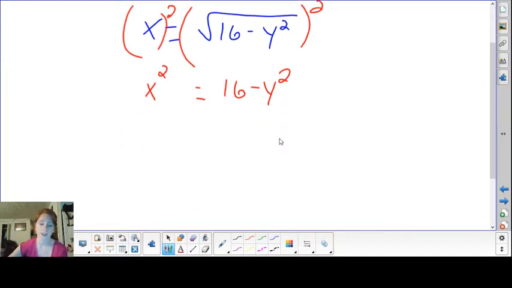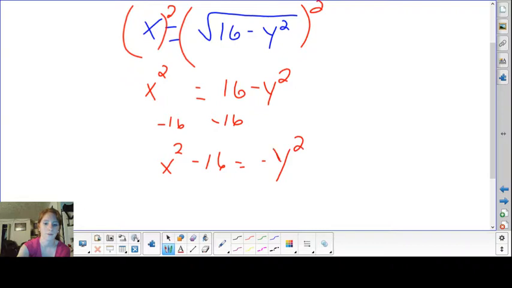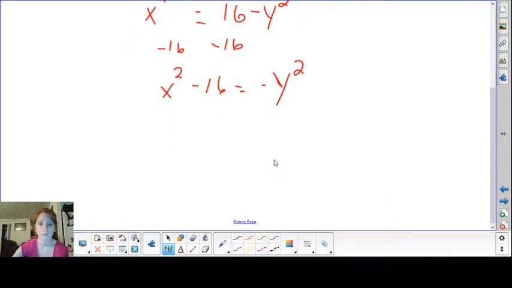Again, still trying to get y all by itself. 16 is technically being added here, so I'm going to subtract it. So I have x squared minus 16 is equal to negative y squared. Again, trying to get y by itself, I need to get rid of that negative sign first.